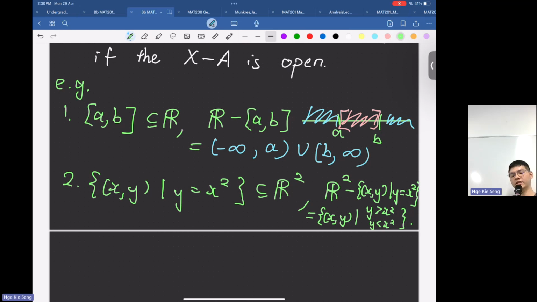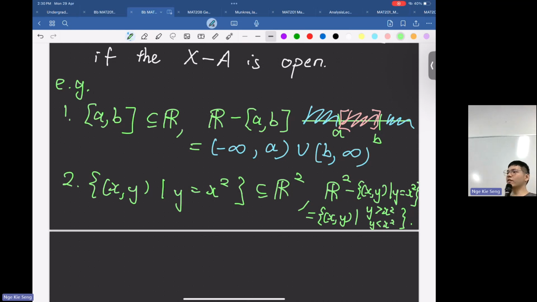Write it as a union of basis elements, or show it from the open definition. What is the basis for this topology? Just now we gave two bases: either open balls or open rectangles. Then show that it's open in this sense.